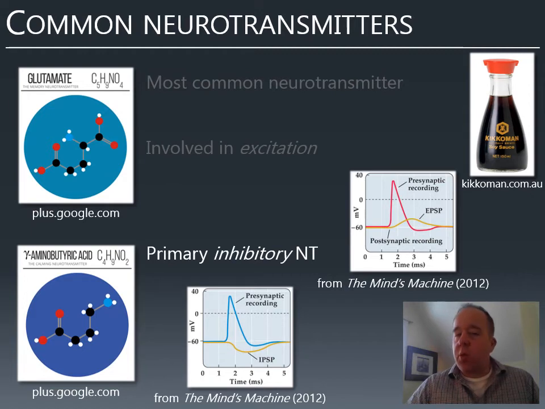But that's what GABA does. It inhibits the next neuron in the chain of neurons. So GABA is the main inhibitory neurotransmitter. Again, that is GABA, G-A-B-A. The long name here is gamma aminobutyric acid. I will never quiz you on that name or that spelling, so just call it GABA.